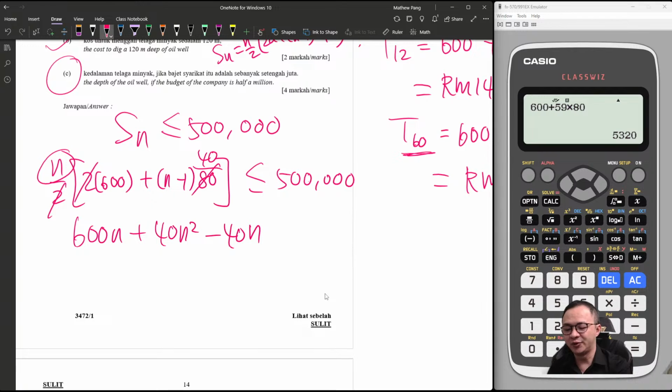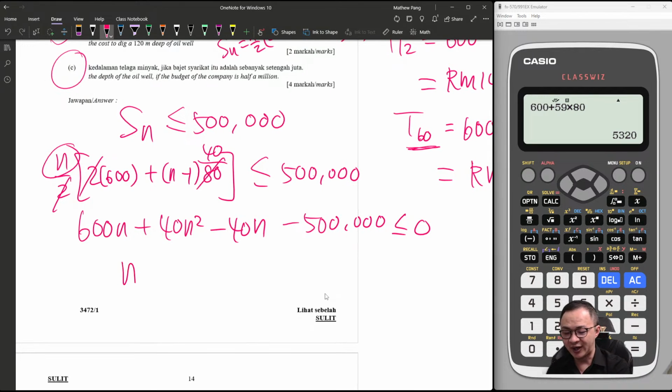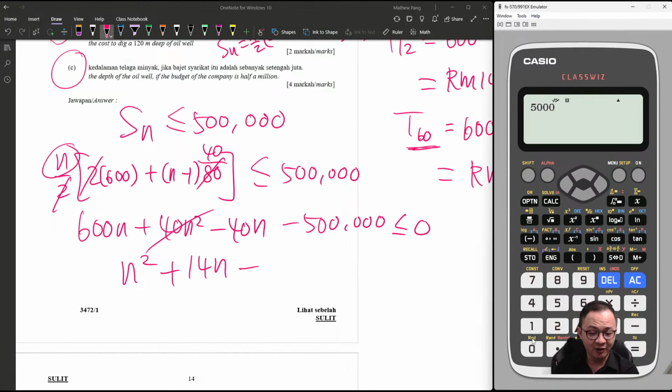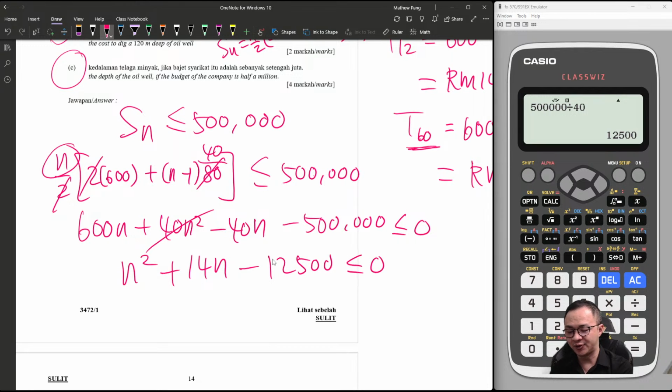This number can move to the other side. I think it should be fine. So can all the numbers divide by 40? Yes, I think so. So divide by 40. This is n squared, 600 minus 40, and then divided by 40, make it smaller, plus 14n. 500,000 divided by 40, 12500, less than or equal to 0.